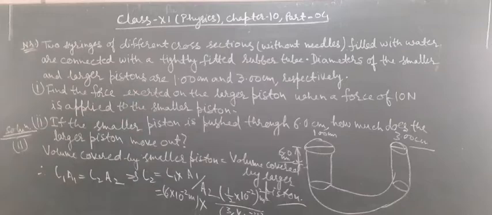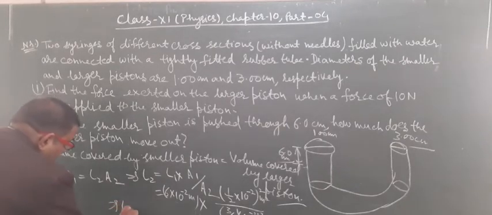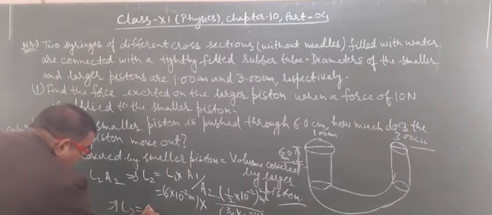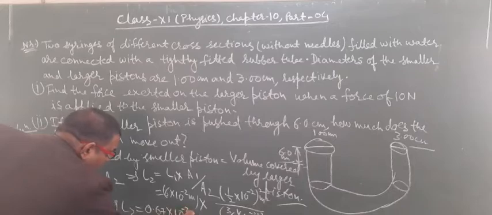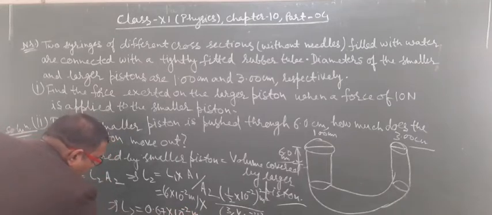Okay dear students, calculating it, you will get 0.67 into 10 to the power minus 2 meter. L2 is equal to 0.67 into 10 to the power minus 2 meter.